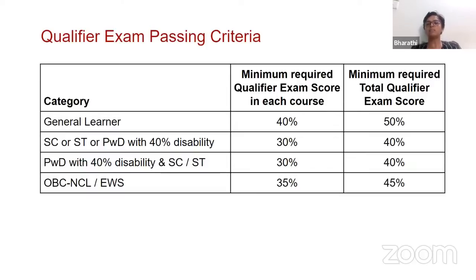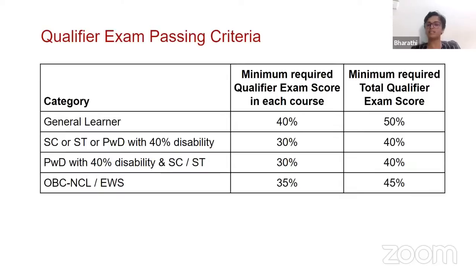But this is the minimum marks you have to score in every single subject, and also an average across the 4 subjects, as shown here. For instance, for the general category, in every subject, you have to score more than 40 marks out of 100. The average of the 4 subject marks should be greater than 50. If you get this, you pass the qualifier exam, and you can start the foundational level.